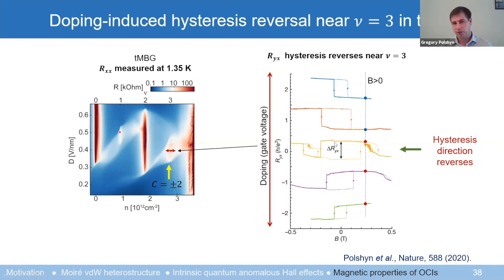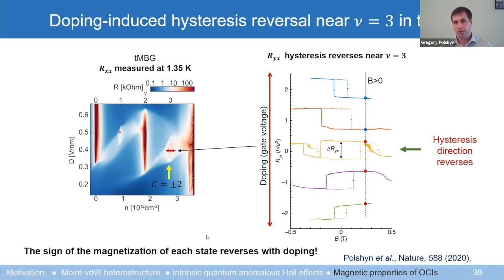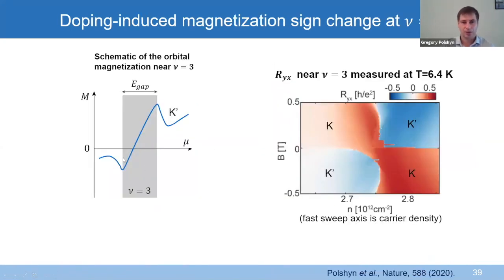And as this transition happens, the magnitude of Rxy remains nearly unchanged and is still close to the quantized value. So this suggests that the sign of the coupling between magnetic field and magnetic state, which is magnetization, changes sign at this point. Let me also explain it in a slightly different way.